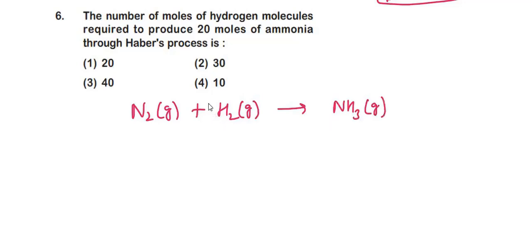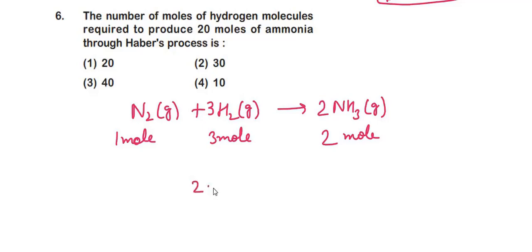Balance the given equation by multiplying hydrogen by 3 and ammonia by 2. So this is the balanced equation. Now see here, 1 mole of N2 reacts with 3 mole of H2. It gives us 2 mole of NH3.